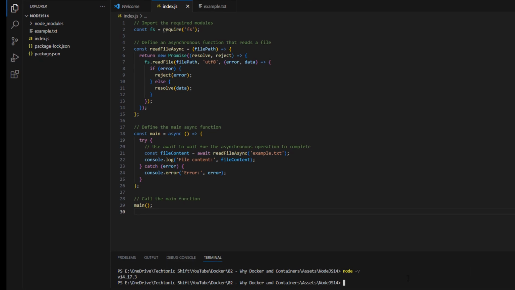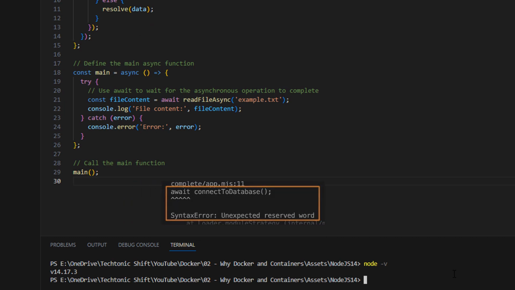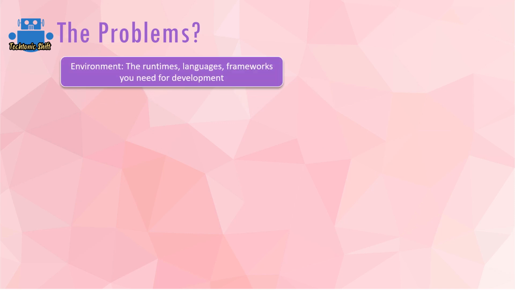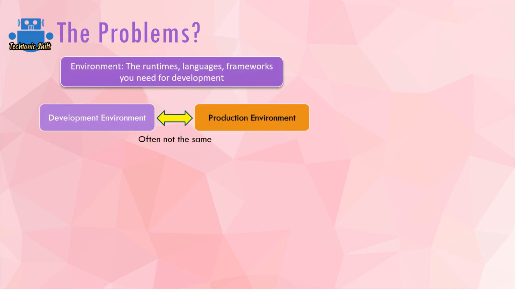And all of a sudden, the code which worked locally on our machine does not work there anymore. And depending on what's going wrong, it can take quite some time to figure out what the problem was. So having the same, and with that, I really mean the exact same development environment as we have it in production, can be worth a lot.